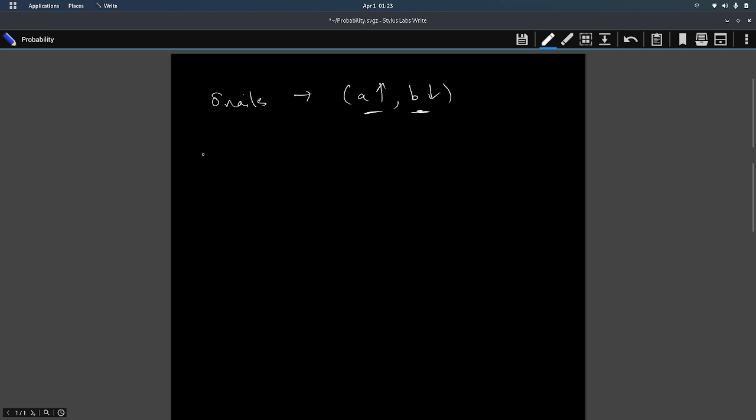Okay, so let's say on the nth day the snail reaches the top, then it must have climbed this much by the n minus 1th day, and then it climbed a more during the day.